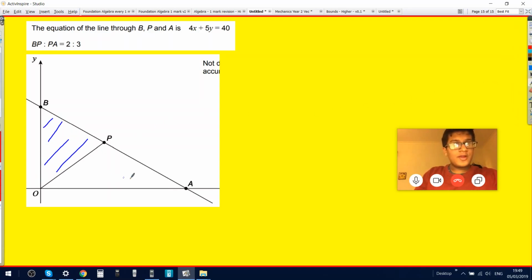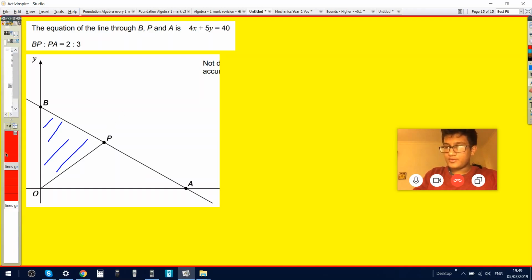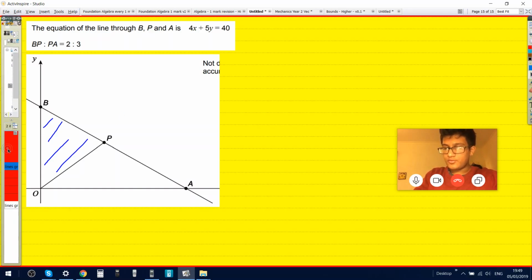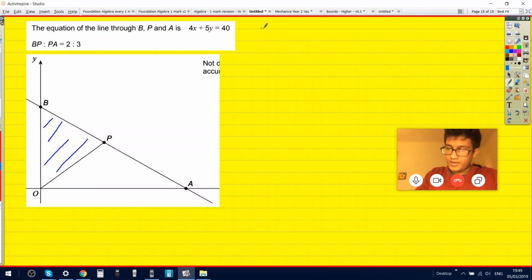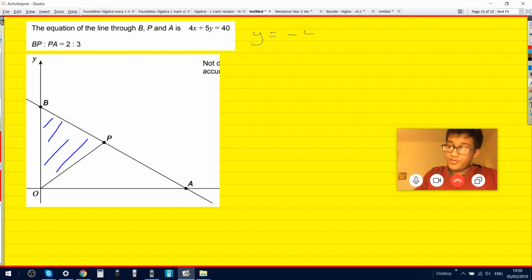So you could rearrange the gradient of OP. So 4x plus 5y equals 40, so y equals minus 4 over 5 x plus 8.